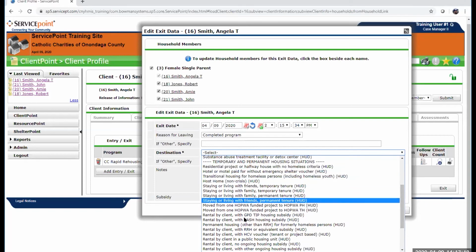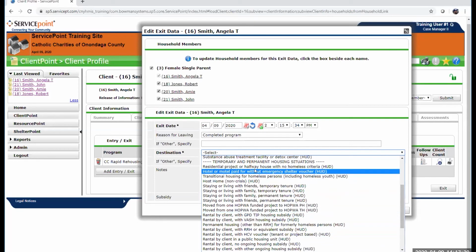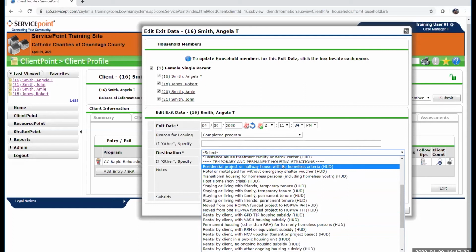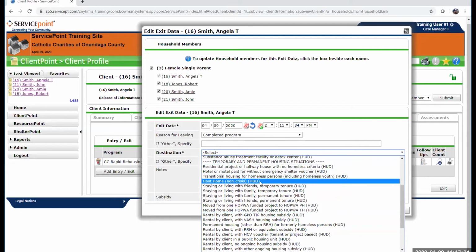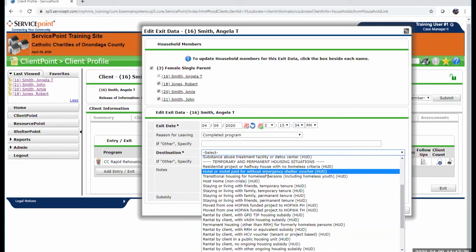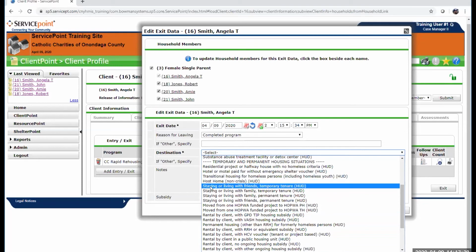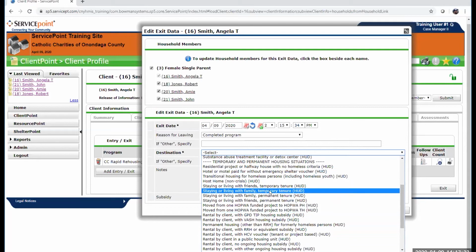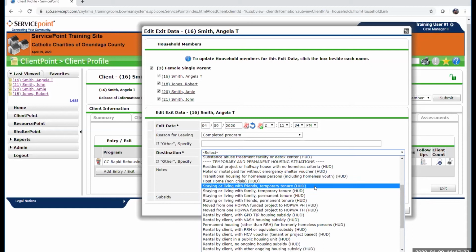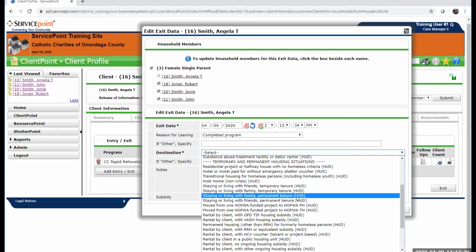Temporary and permanent housing situations, these are other situations that someone might end up in. It's important to note that if someone goes to live with family or friends, you do have to select whether it's expected to be temporary tenure or permanent tenure.